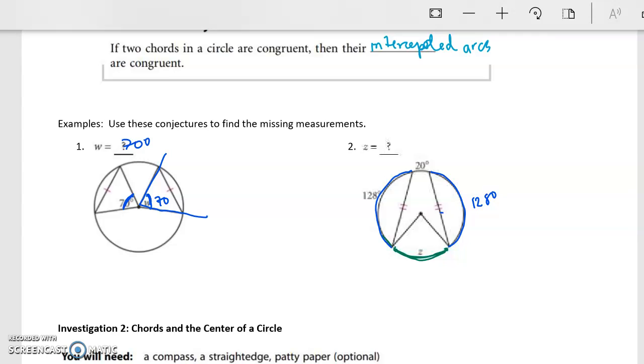Notice how from here to here is 128, here to here is 20, and here to here is 128, and the full circle is 360. So we're going to add everybody up here, and then subtract from 360 to find Z. And that's going to be 84 degrees.